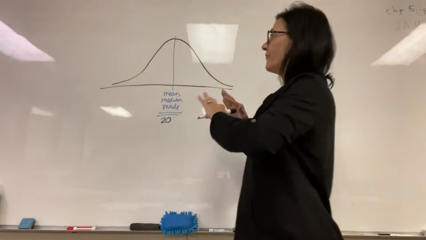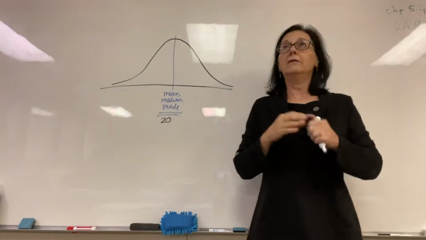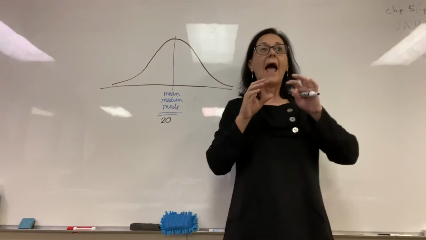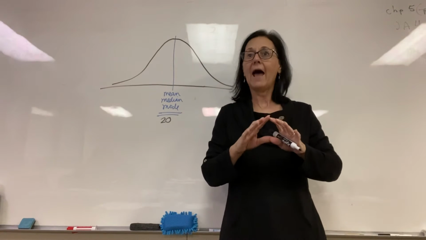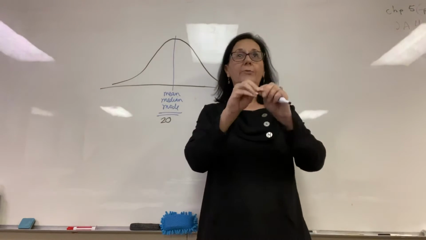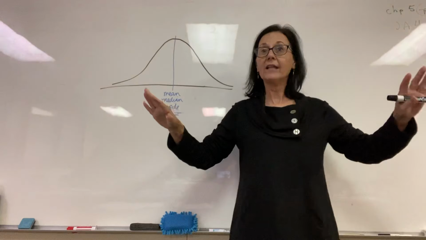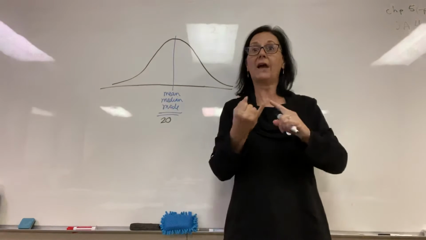We can further divide that down by using the standard deviation. Remember, the standard deviation says how far on average each output, each piece of data, is from the mean. When we calculate it, the first thing we do is calculate the mean.